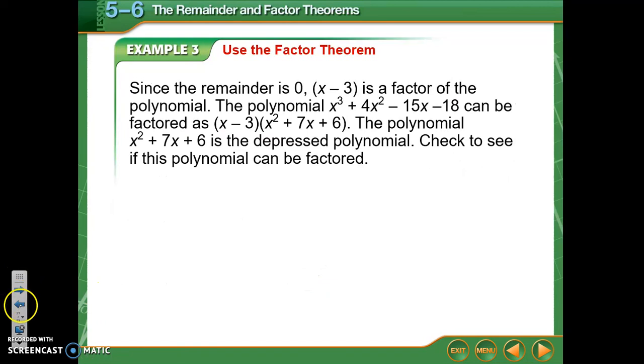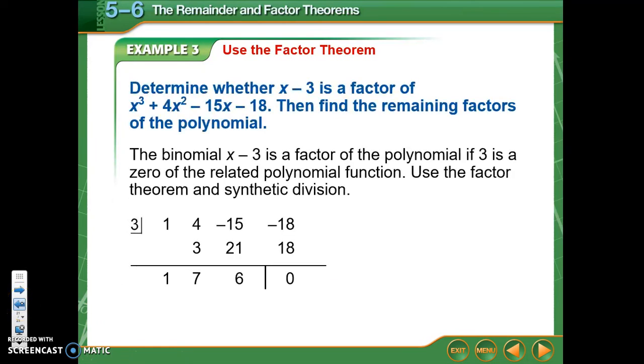So that means, let's come back here for a second, that x minus 3 is a factor. So x minus 3 times, what is the depressed polynomial represented here? x squared plus 7x plus 6.